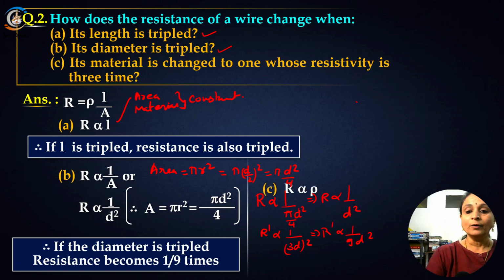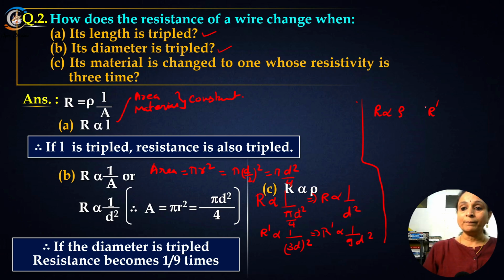Okay, now the next one we are going to consider, I am writing it separately here. Children, look here: R is directly proportional to rho, that is, the resistivity. Now I am going to change the material of the wire, keeping the area constant, and the length is also constant. What are the fixed things?